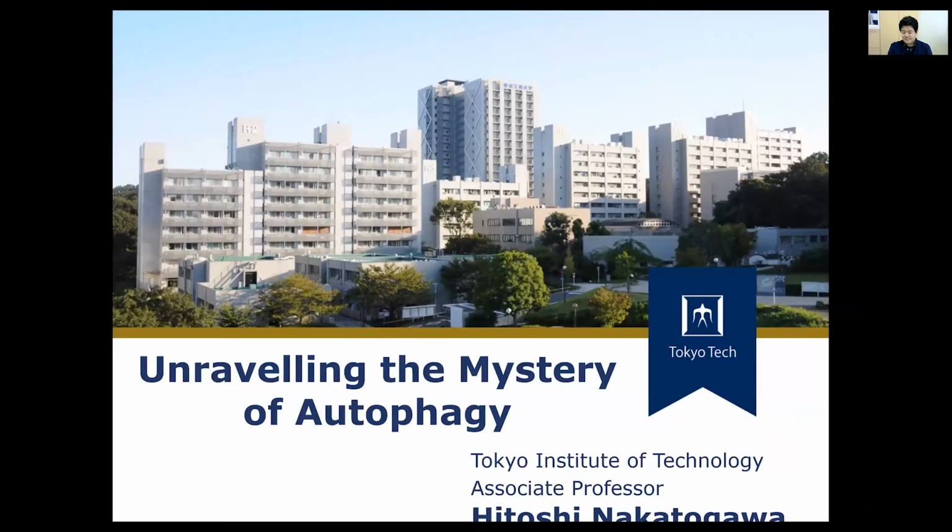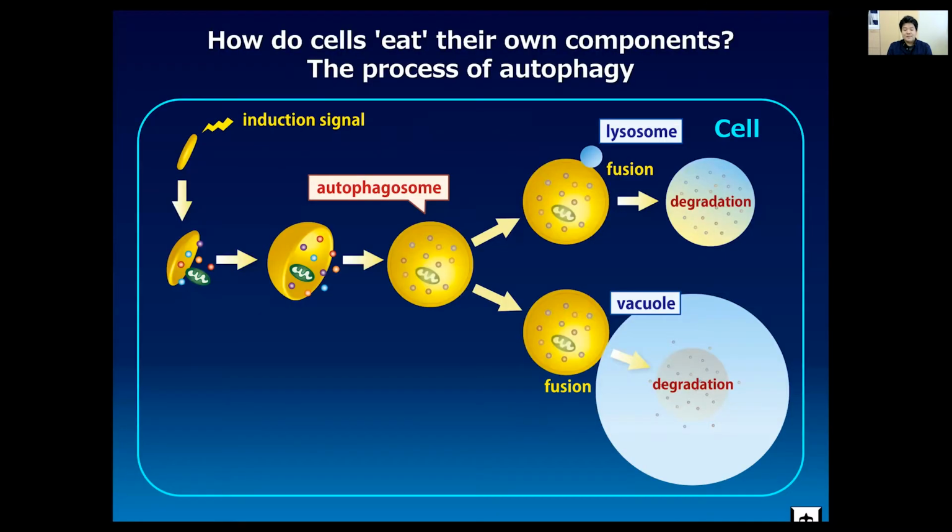So my research theme is Unravelling the Mystery of Autophagy. The cell is the most fundamental structural unit of life, and our body is an assembly of about 600 trillion cells. Autophagy is a phenomenon that occurs within cells and is known to be triggered by different signals, such as nutrient starvation.